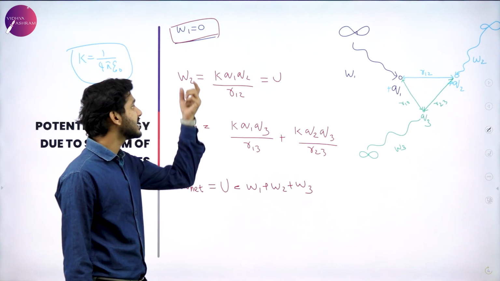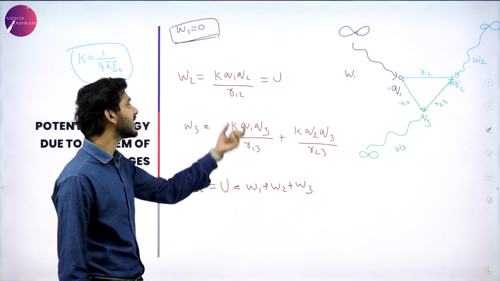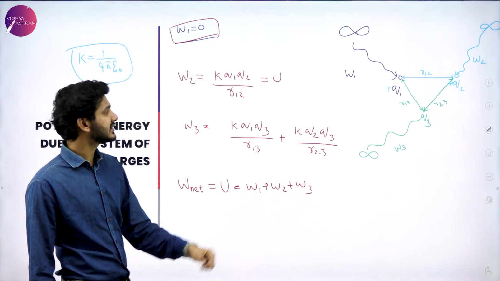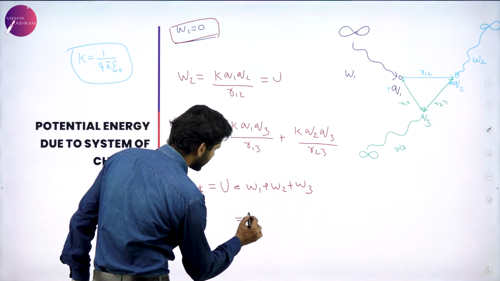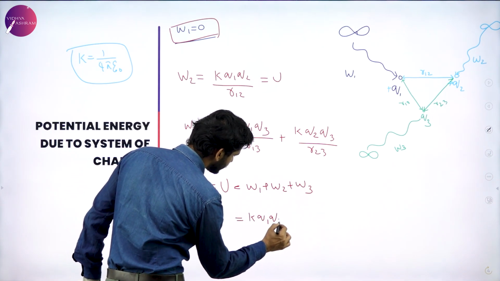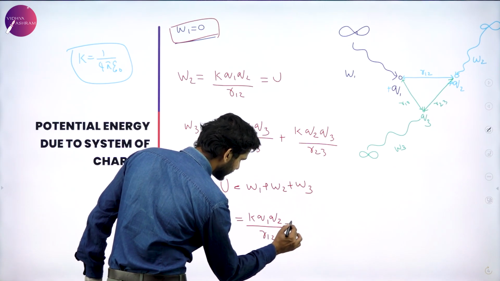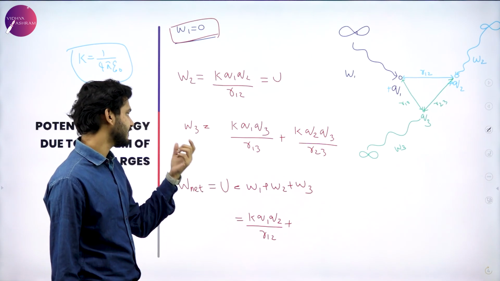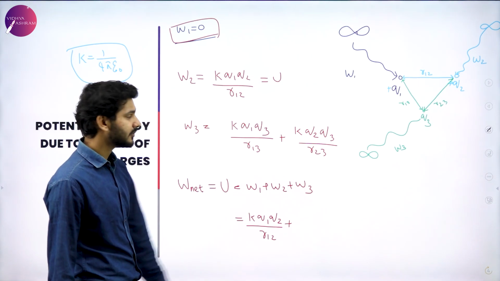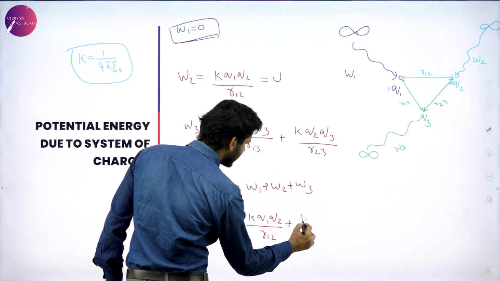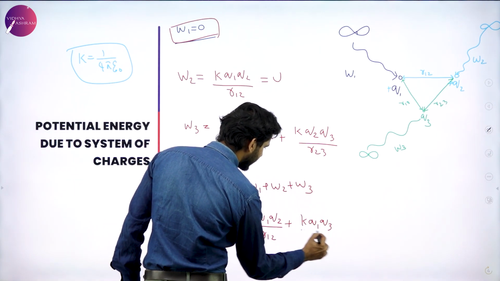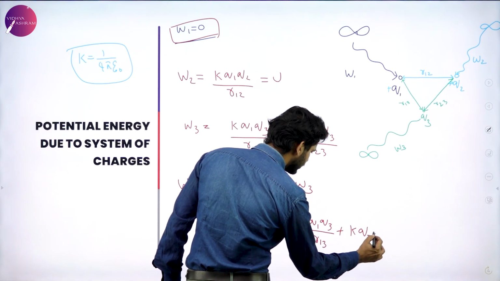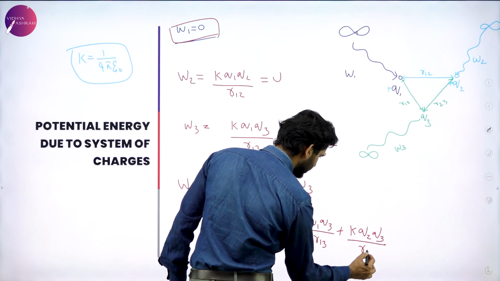W2 is given by K Q1 Q2 divided by R12, which is the potential energy of a system of two particles, and that is written down first. Plus the work done in bringing the third charge to that point, given by K Q1 Q3 divided by R13 plus K Q2 Q3 divided by R23.